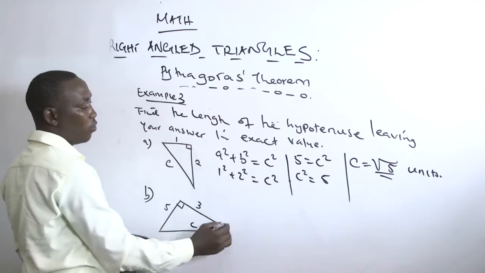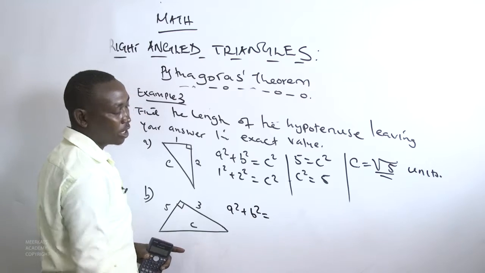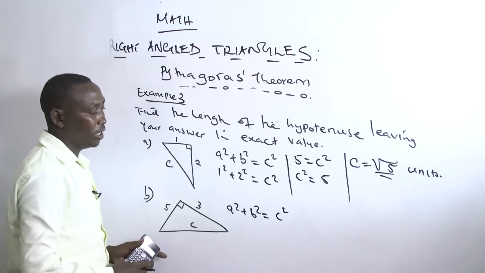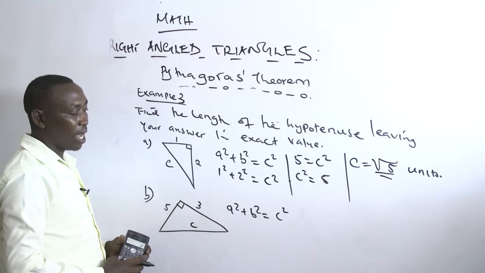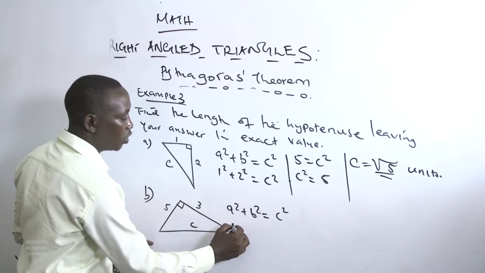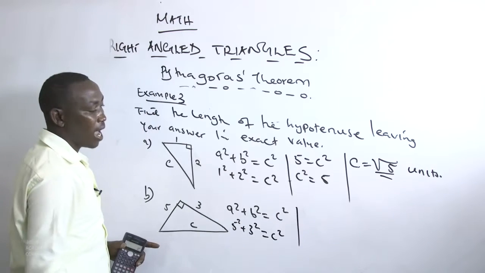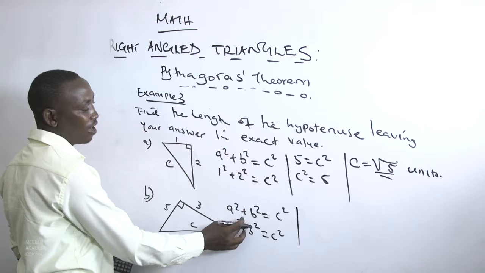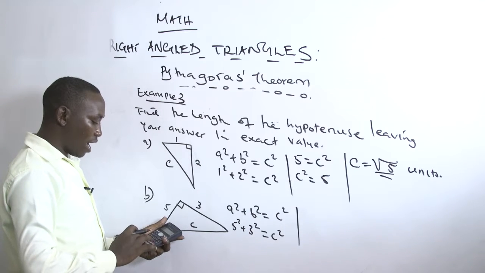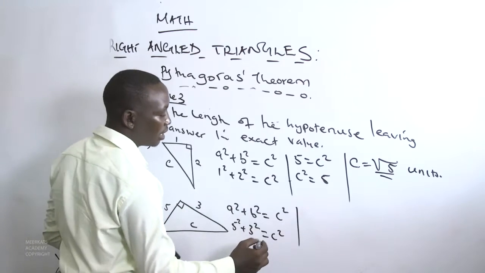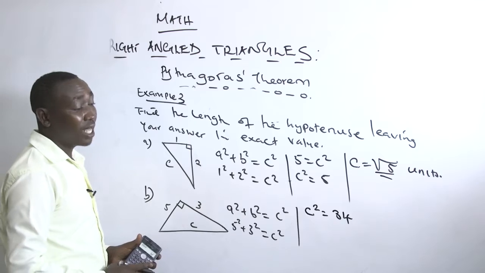So again with this, we use the Pythagoras Theorem, a squared plus b squared is equal to c squared. We get the sum of the squares of the shorter sides, which will be 5 squared plus 3 squared is equal to c squared. 5 squared is 25, 3 squared is 9. So when you add 25 to 9, you will get 34. So this means that c squared is equal to 34.